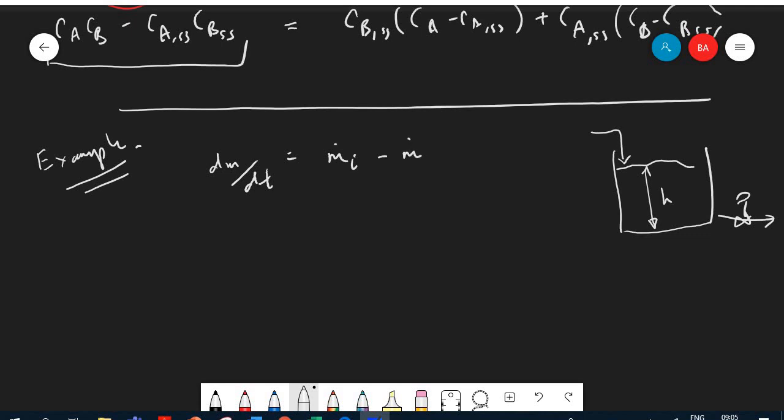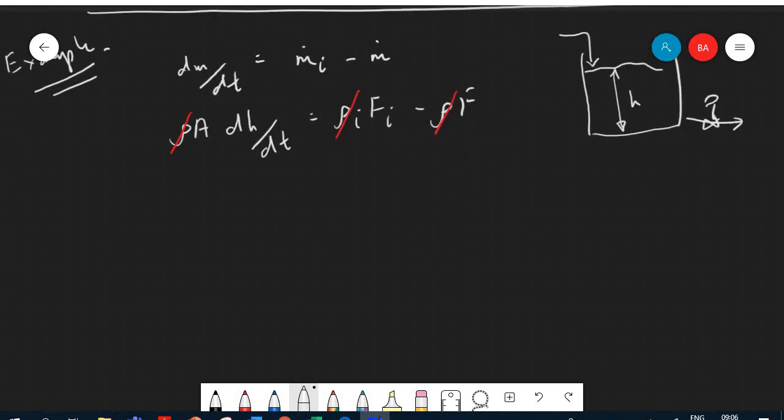Then we took m as rho into v and v is A into h, so that was rho A dh by dt is equal to rho into Fn, density into volumetric flow rate, minus rho F, and then we cancelled out those density terms, and we had our final equation which looked like dh by dt is equal to Fn minus alpha square root of h.